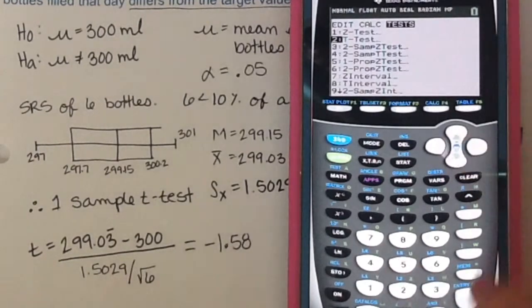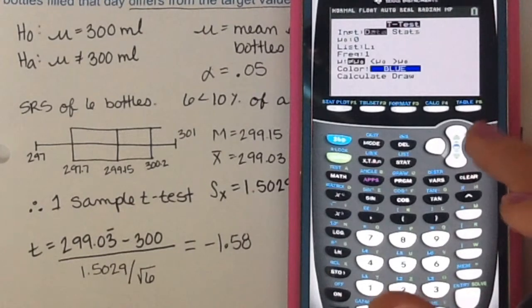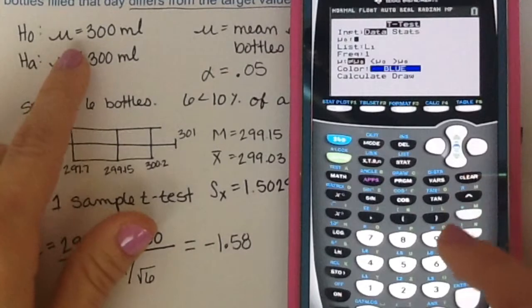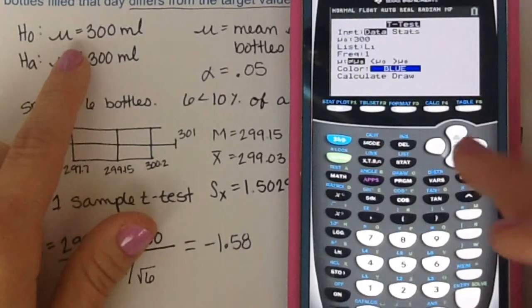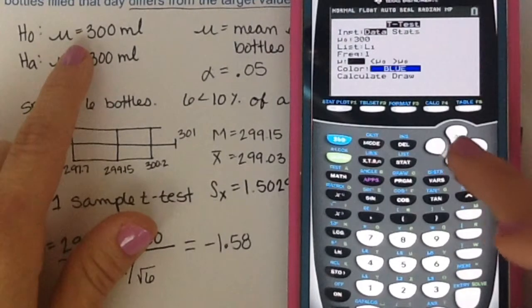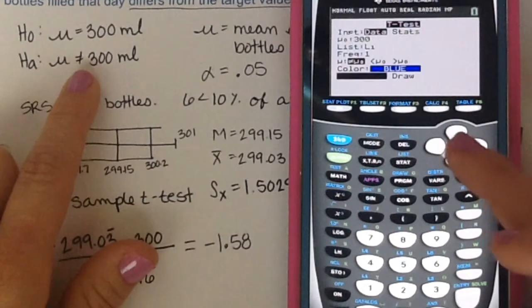Oh, I take it back. It just says t-test in the calculator. And then I'm going to say that I have actual data. My null hypothesis is that mu is equal to 300. I put my data into L1 already. The frequency is 1. My alternative hypothesis is not equal to. And then I'm going to calculate.